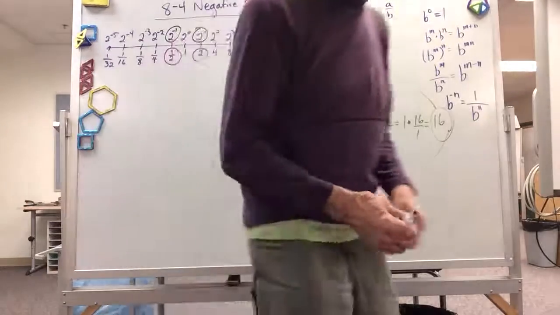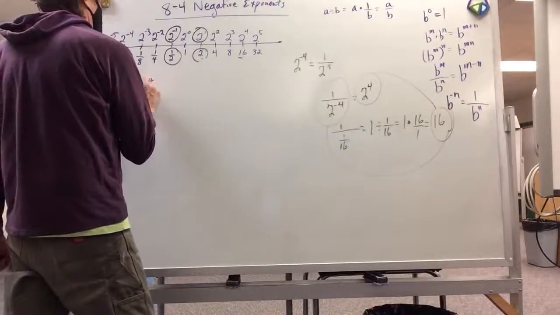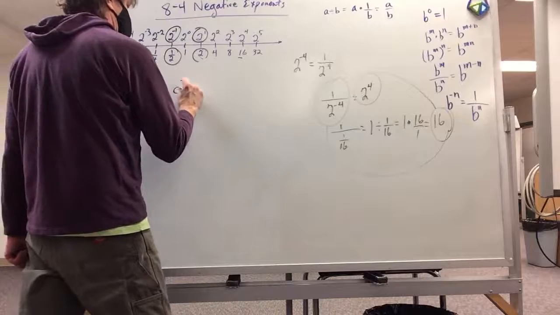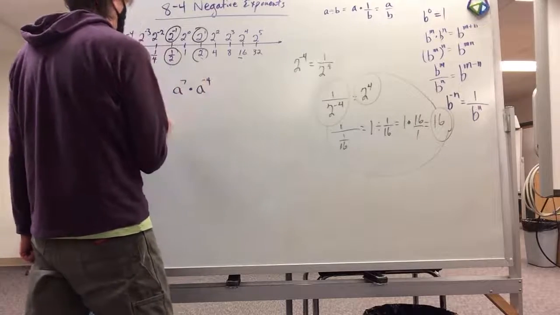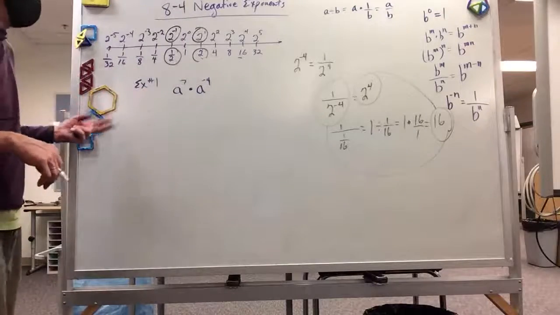So the ways that they might ask us to use it, I mean, you could have something like this. Here's an example. It's like a to the 7th multiplied by a, I think, to the negative 4th. It doesn't matter. We'll use those numbers.